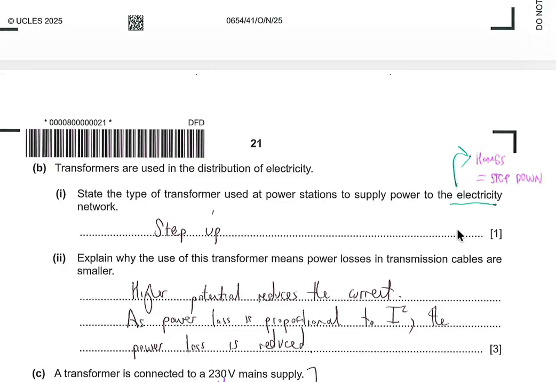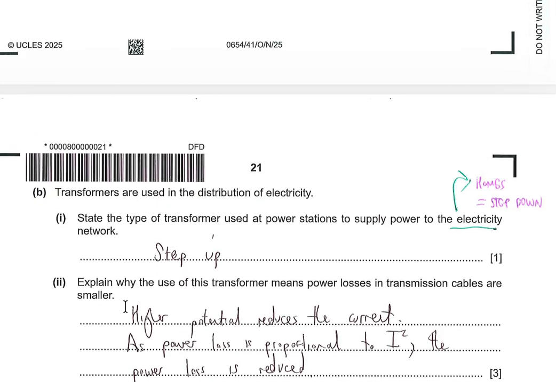The reason we do this is because higher potential will reduce the current. We assume that there is 100% efficiency in our transformer. Now the result of that, and again, this is something you can remember or you can work out yourself, up to you: the higher the potential, the lower the current.